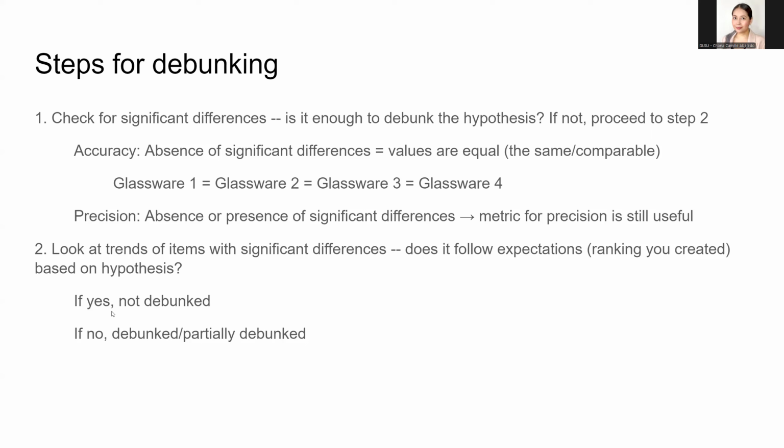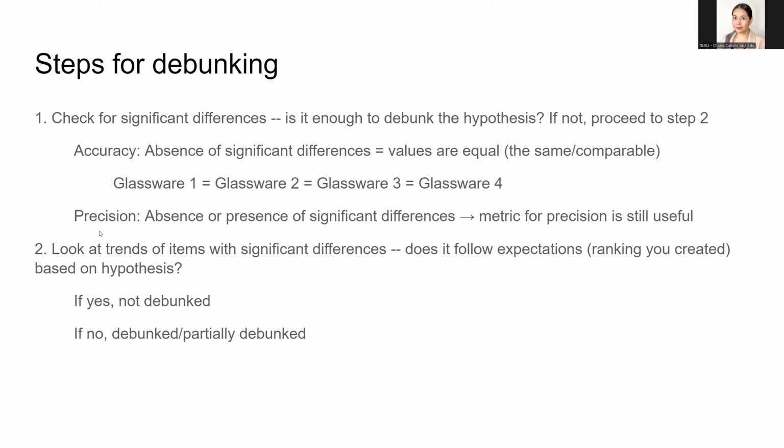If yes, nasusunod siya, then that hypothesis is not debunked. However, kung hindi niya nasusunod yung ranking, then that hypothesis is debunked or at least partially debunked. Okay? So I need you to try and do this later, and then I'll give you advice if you're going at it the right way or the wrong way.